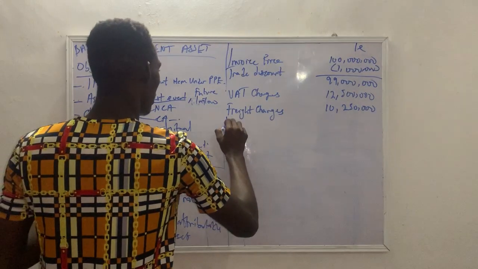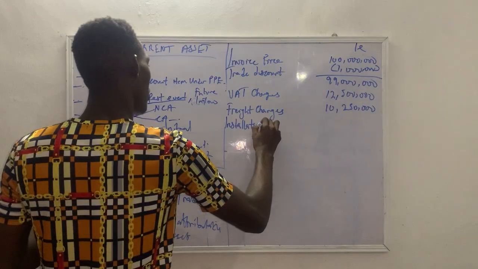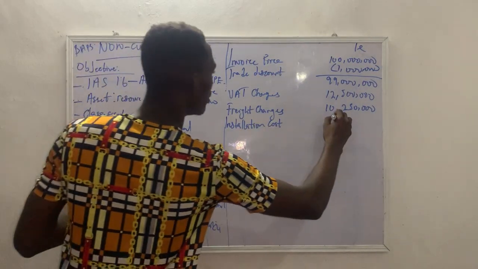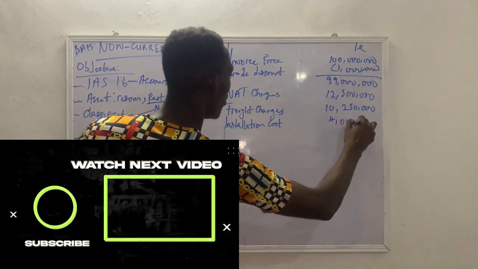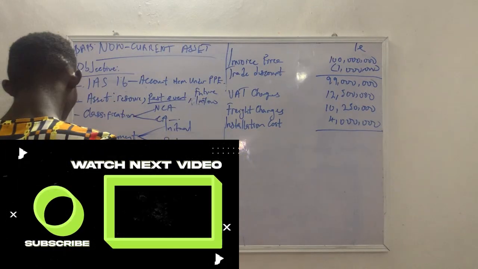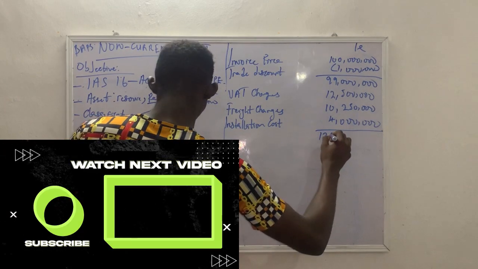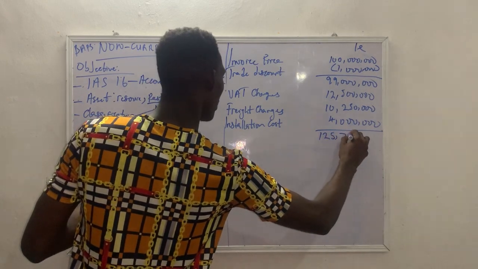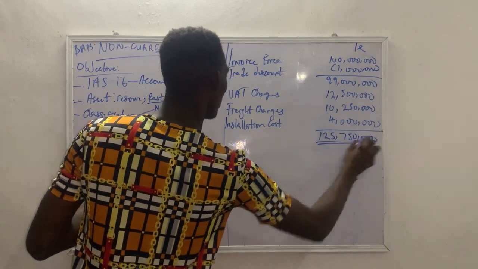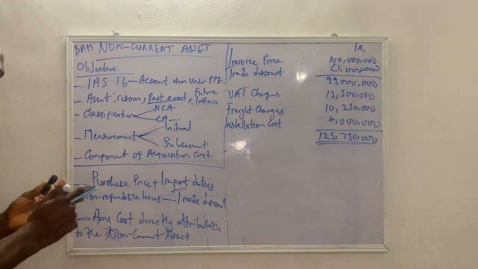Let's call this installation cost. How much? 4 million. So if we sum this up, it will give us 125 million, 750,000 naira.